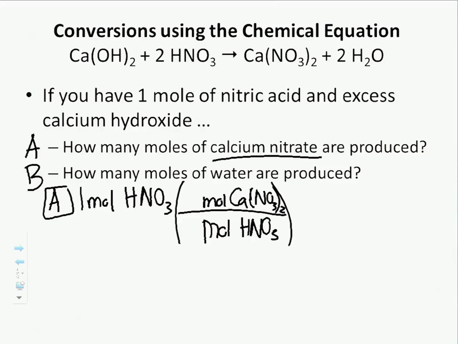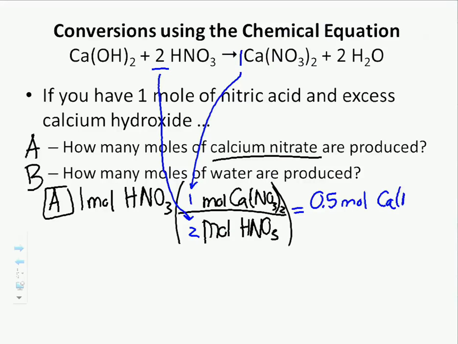So what number goes here? 1 goes here, and for calcium nitrate, 2 goes here. So 1, 2. Now we do our multiplication across, and we end up with 0.5 moles of calcium nitrate.